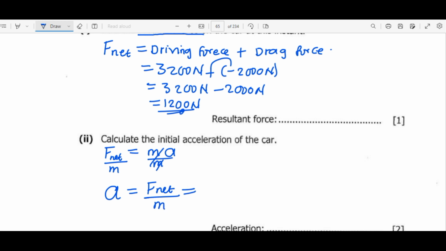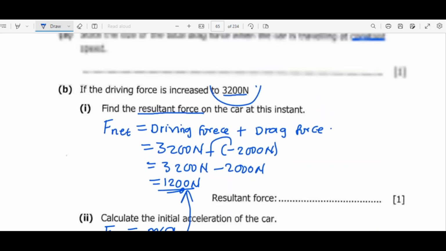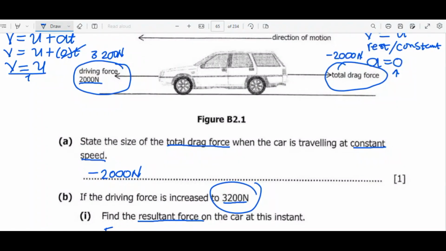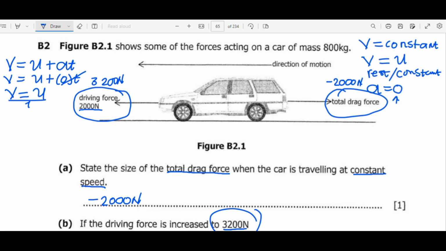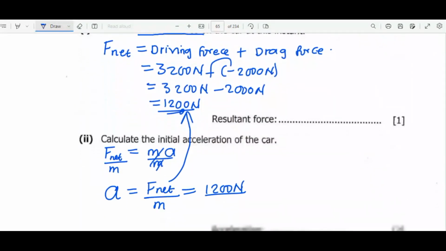So the net force is this number here, 1,200 newtons. Then the mass is given in the first statement, so it's easy, 800 kilograms.